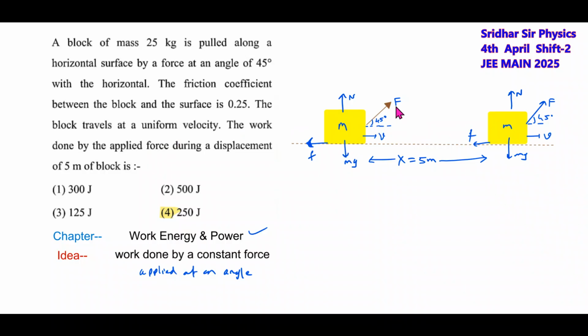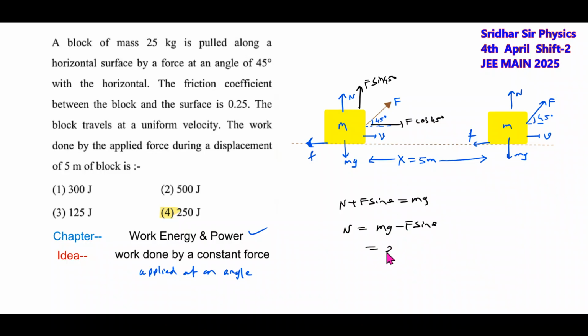So how much work should we do? I should do work to overcome the friction. So we'll calculate the value of friction. Component of this force will act: vertically F sin 45 degree, horizontally F cos 45 degree. Then N plus F sin theta equal to mg. Value of F we don't know, let it be. N equals mg minus F sin theta.